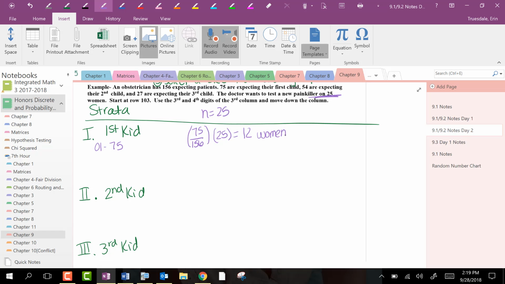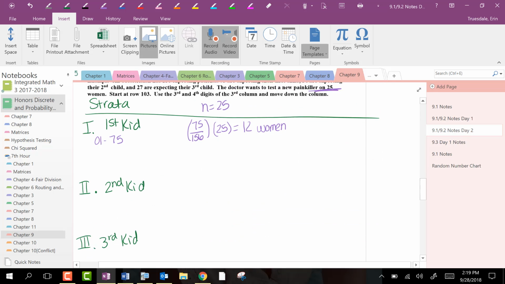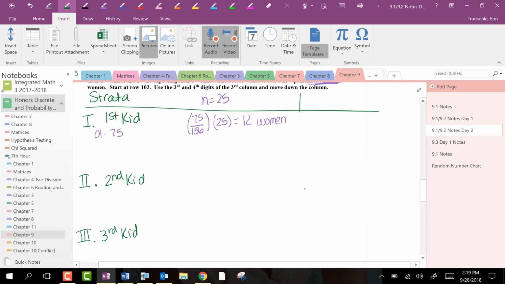Okay, so now take out your chart. Here's your simple random sample chart. What did it say to use? It said start in row 103, and then use the 3rd and 4th digits of the 3rd column.